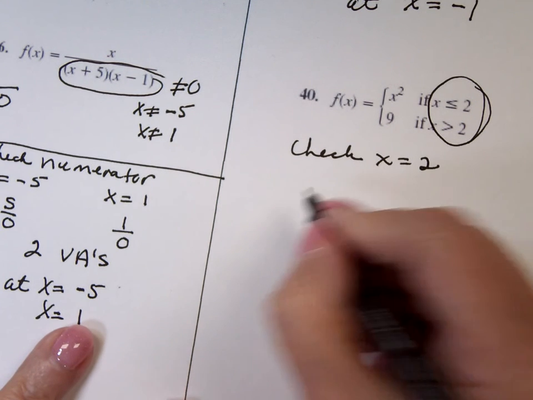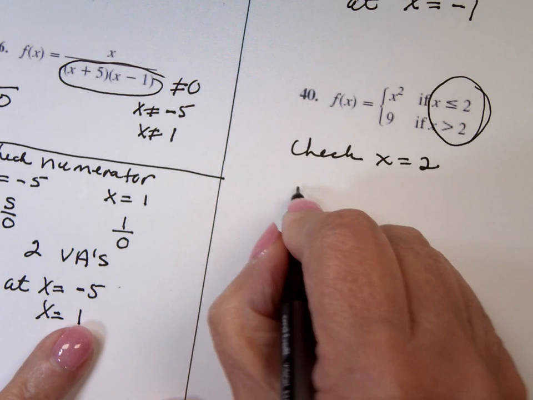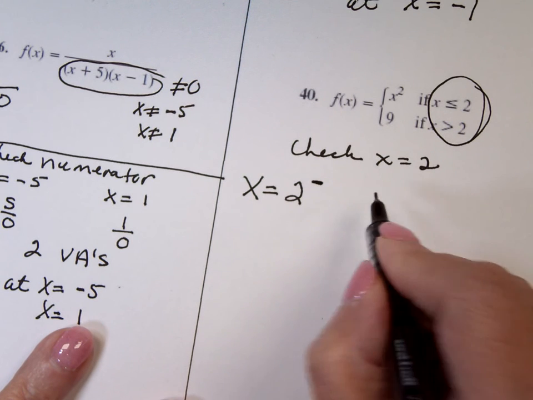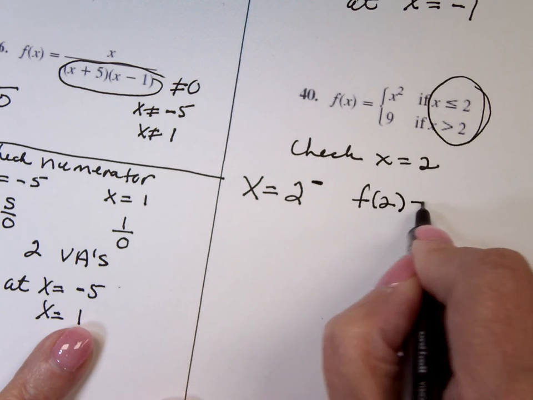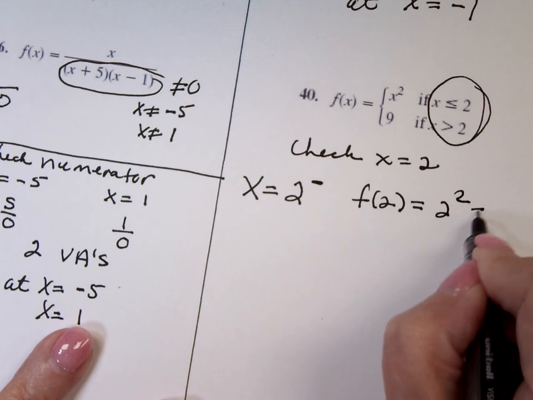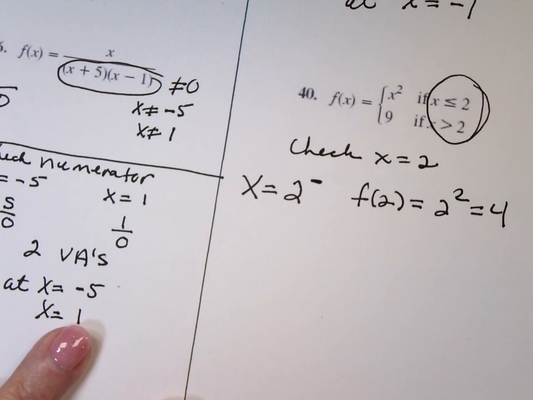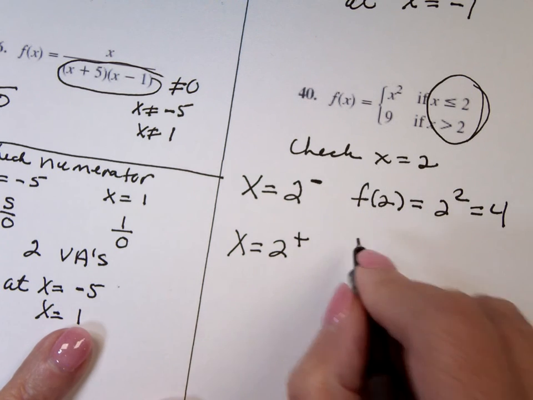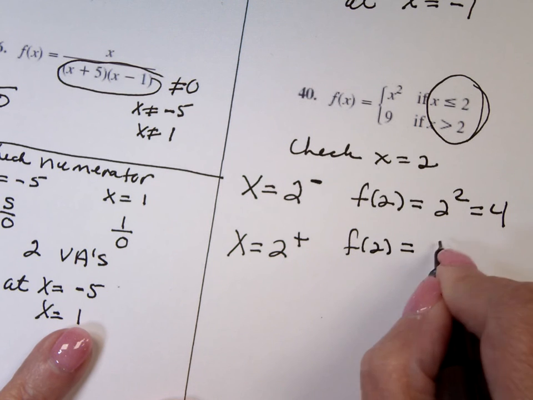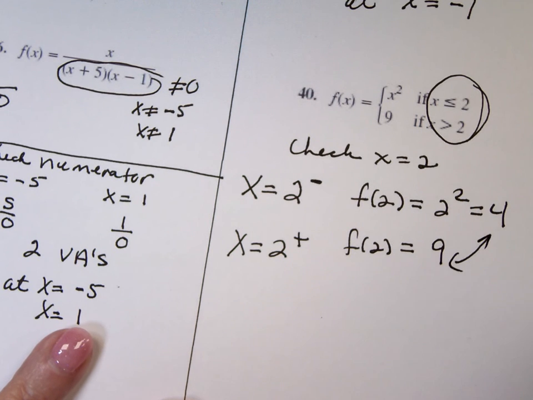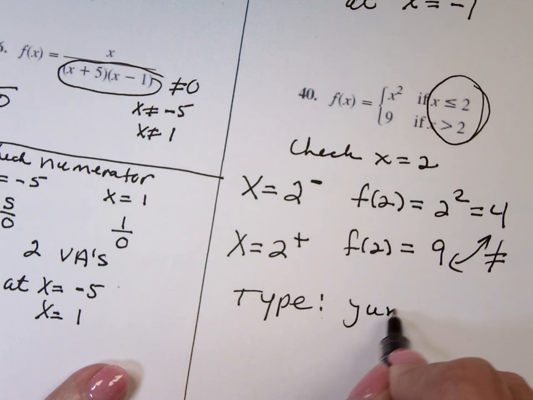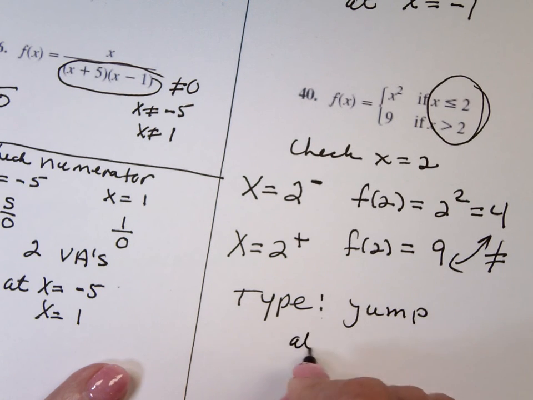So if I'm now looking at x equal 2, so 2 from the left, I'm using f of 2, which is x squared. And 2 from the right, f of 2 is 9. Are these two things equal? No. What kind of discontinuity do I have? I have a jump or a gap at x equal 2.